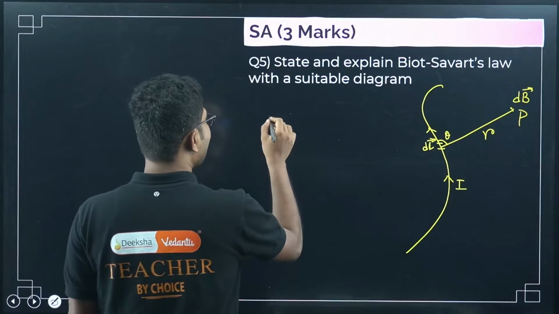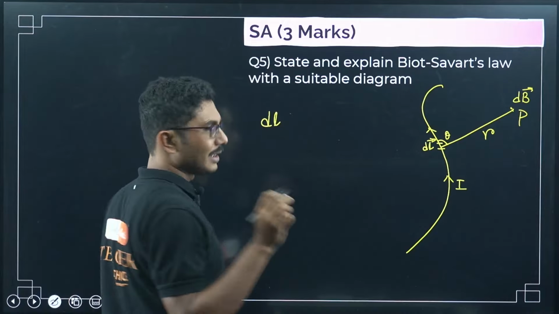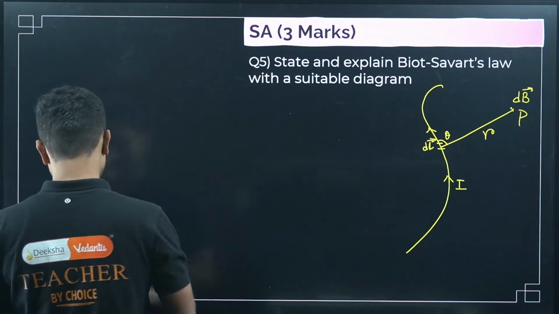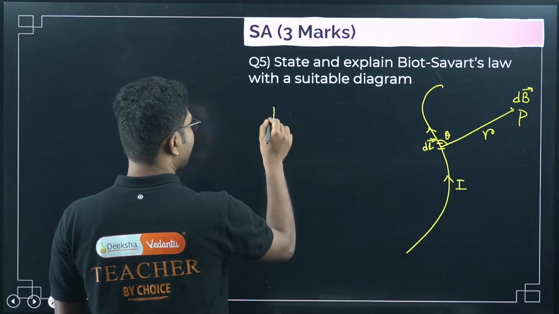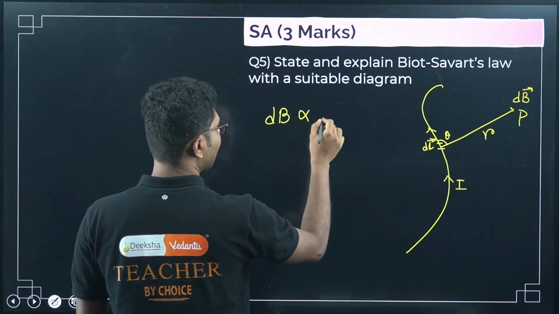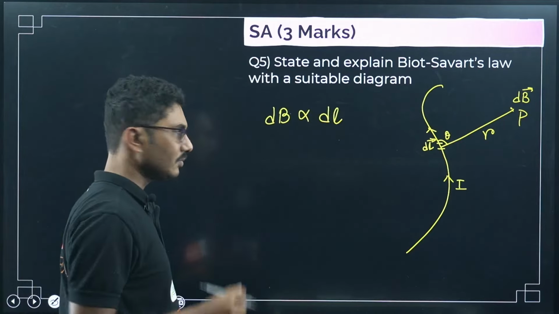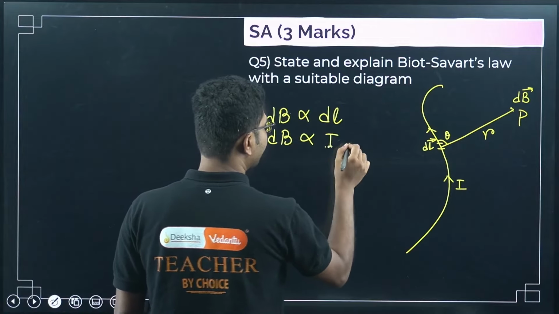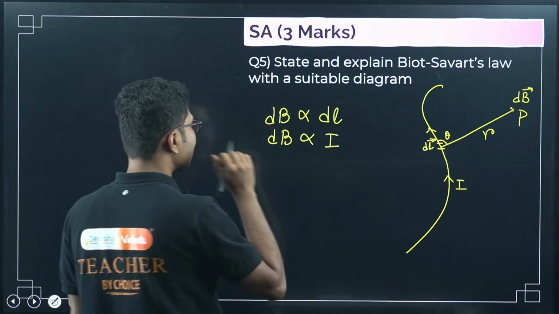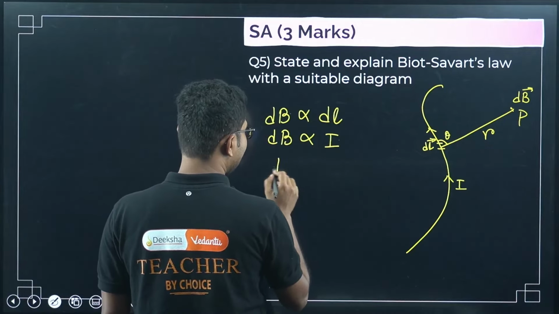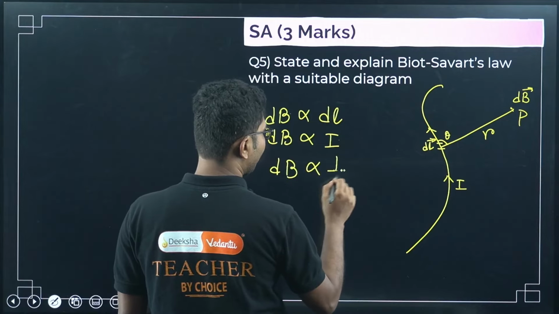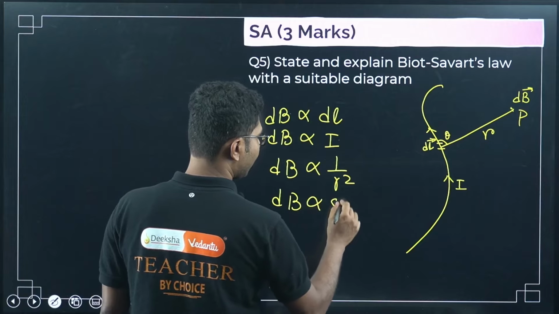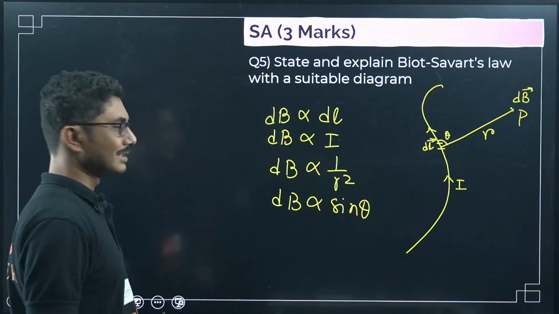In terms of magnitude, dB is directly proportional to the magnitude of the current element dl, proportional to the current I, since current is a scalar quantity, inversely proportional to 1 by r square, and proportional to sine of the angle theta. Okay, this is the Biot-Savart's law.